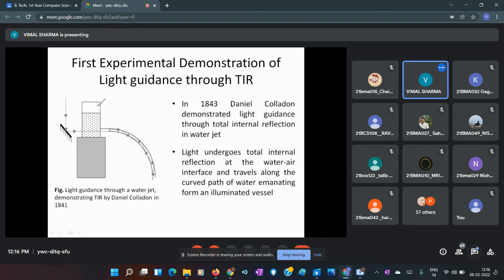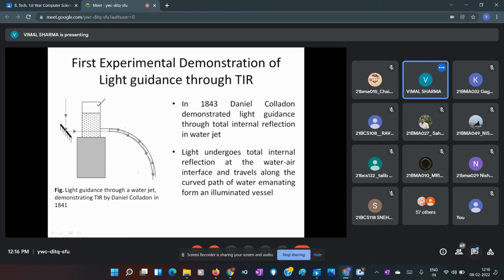We can launch a well collimated beam, or laser light, through this, or they used some monochromatic source of light, and they propagated it through this jet of water. When it strikes the water air interface, the total internal reflection condition is fulfilled, and it is totally reflected, or it moves through this jet because of multiple successive total internal reflections.